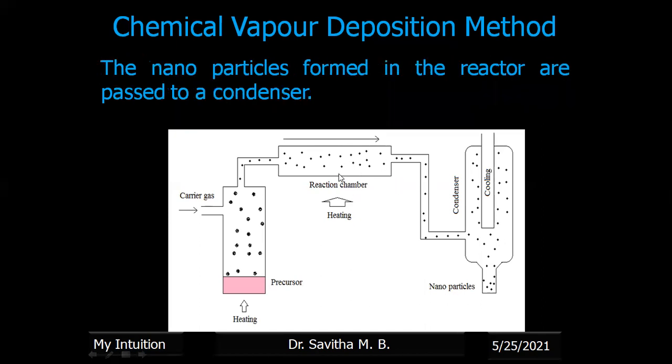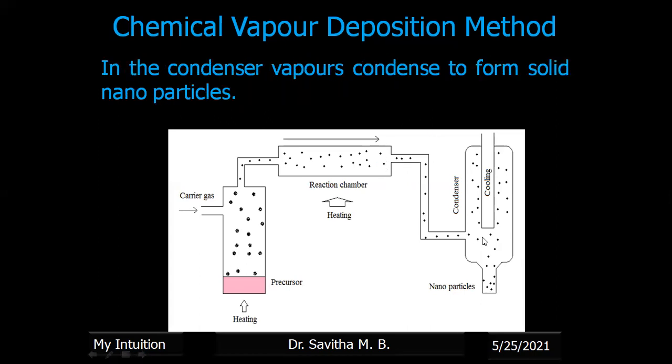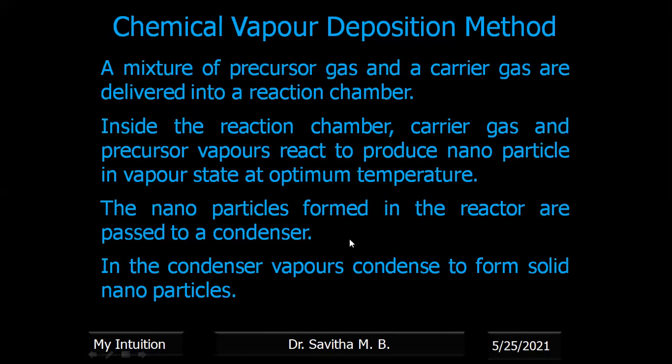Next, the nanoparticle formed in the reactor is passed to the condenser. In the condenser, the vapors condense to form the solid nanoparticles. So this is chemical vapor condensation or deposition method.